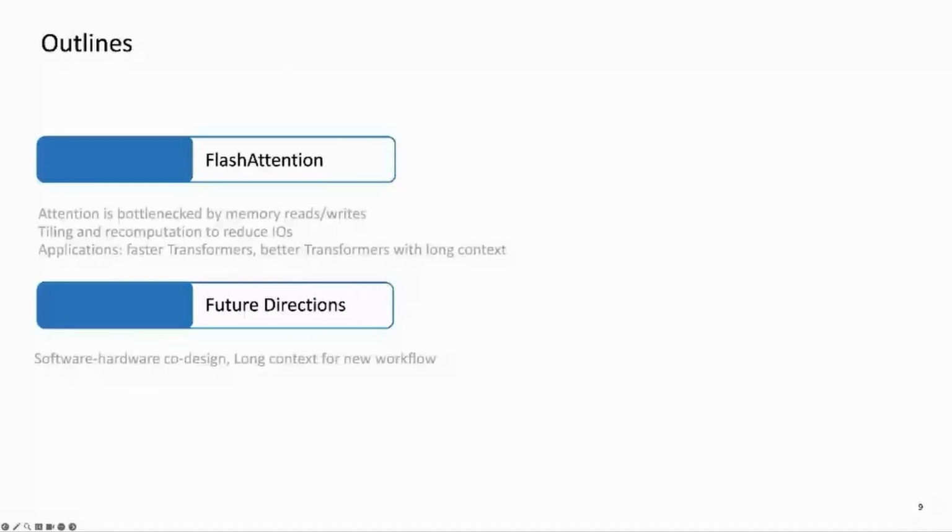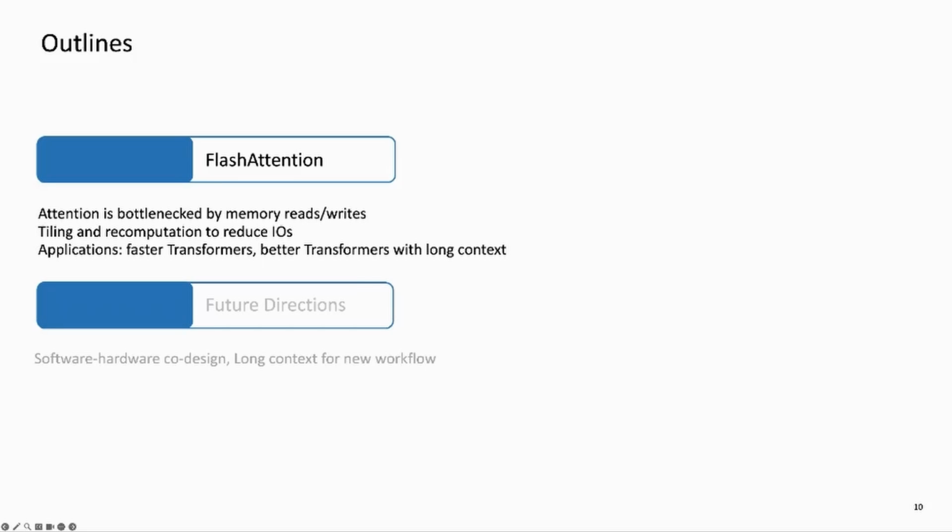So that's kind of the overview, and now I'll go into a little bit of detail about FlashAttention: how attention is bottlenecked by memory reads and writes, how some of the techniques we use, like tiling and recomputation, can reduce reads and writes, and some of the applications where we can train transformers faster, or with longer context we can get better transformers.